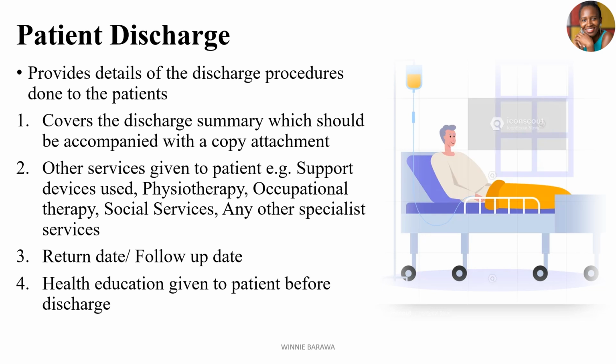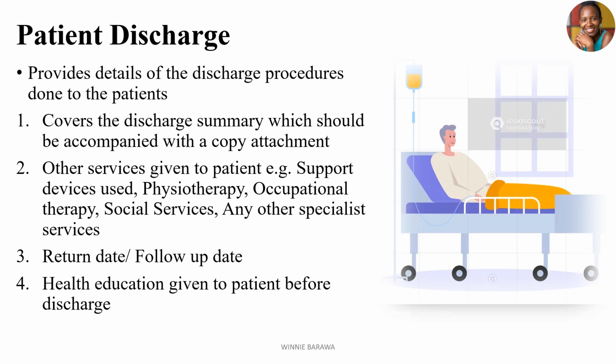So we've said that in the patient admission process, we need to highlight different components. You need to highlight the type of admission that the patient has been done. You want to highlight the patient's reaction to the hospitalization process. Then we want to describe the general survey of this patient before initiating any management.